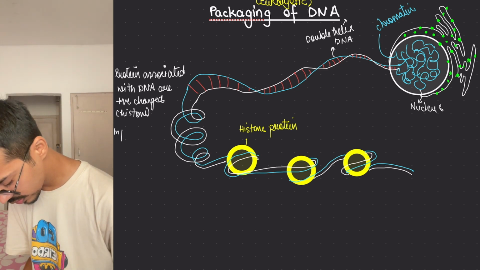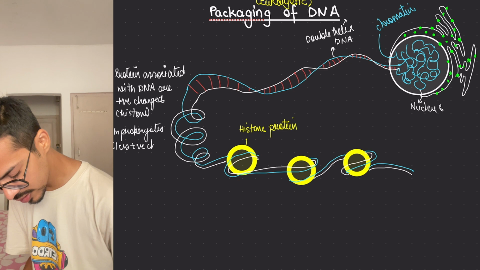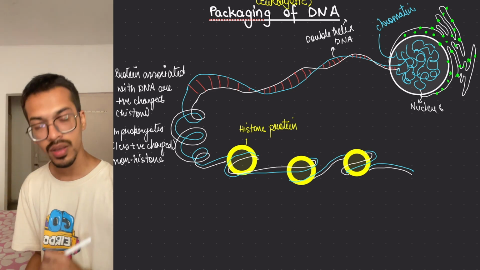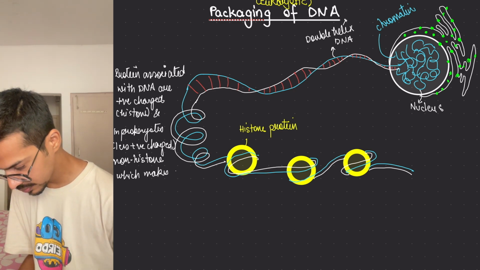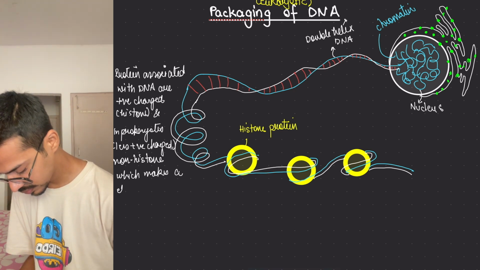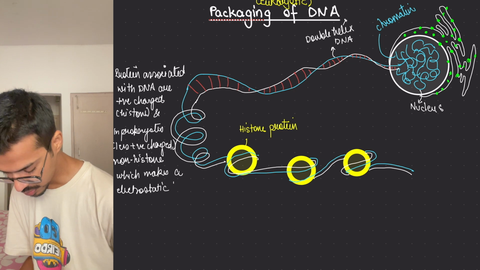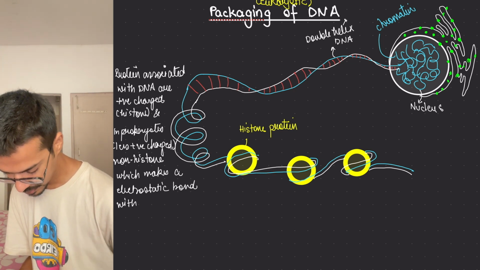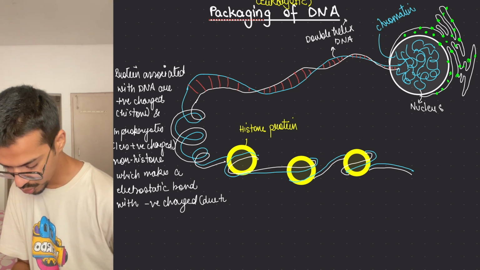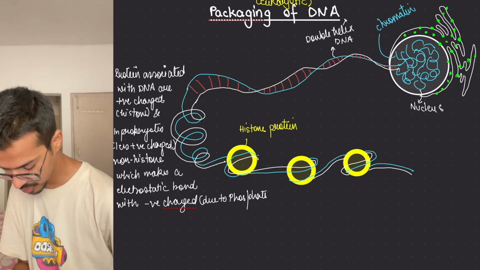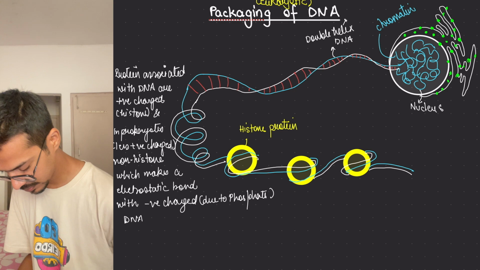In prokaryotes, they are less positively charged non-histone proteins, which, this is for both, make an electrostatic bond with negatively charged DNA, due to what? Due to phosphate. Just a minute.